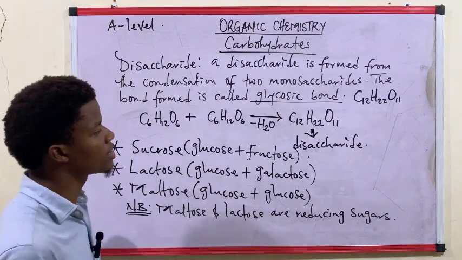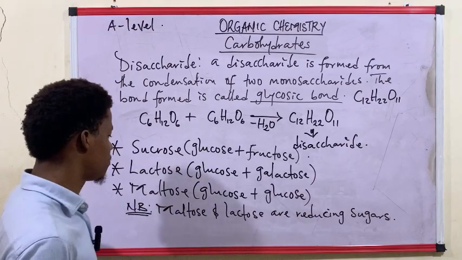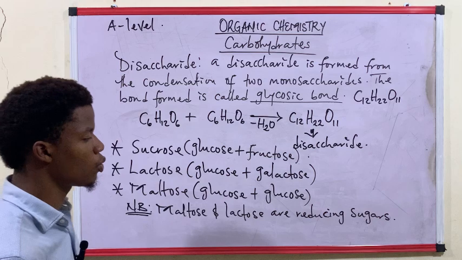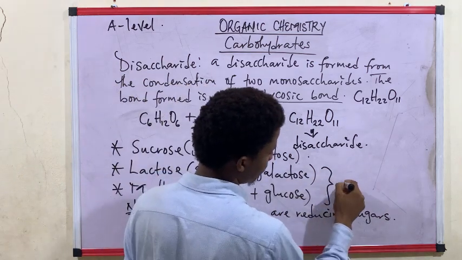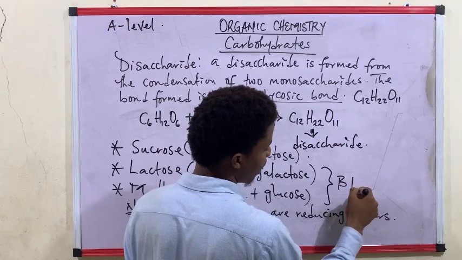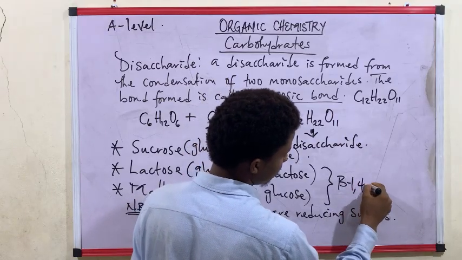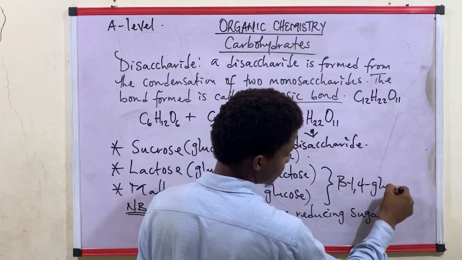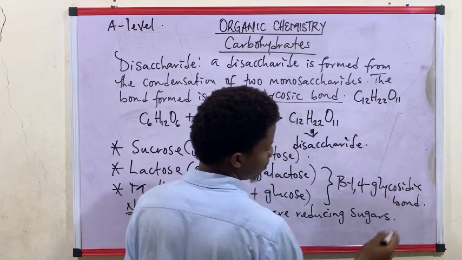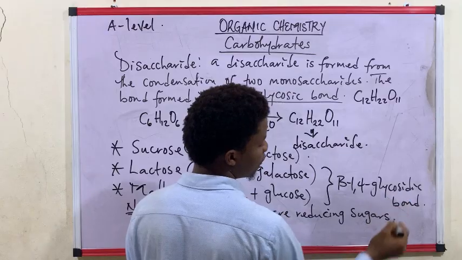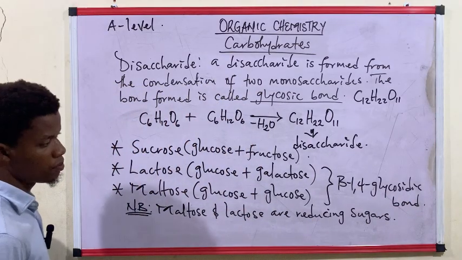Now the type of glycosidic bond that is found in lactose and maltose, we call that a beta 1,4 glycosidic bond, or you can say 1,4 glycosidic bond.